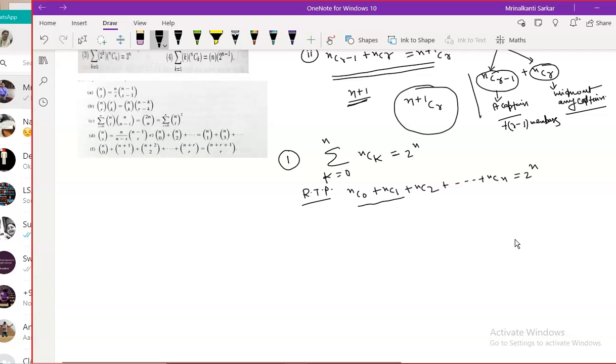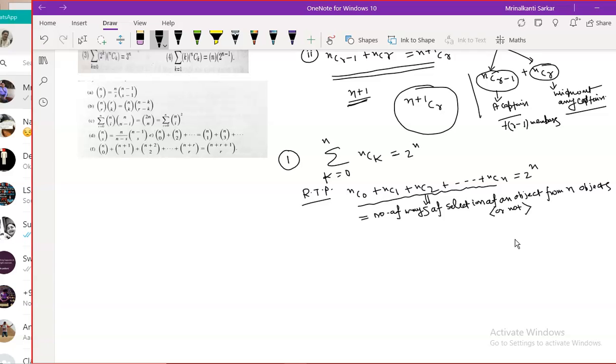So the left-hand side will express the number of ways of selection of an object from n different objects, where an object may or may not be selected.